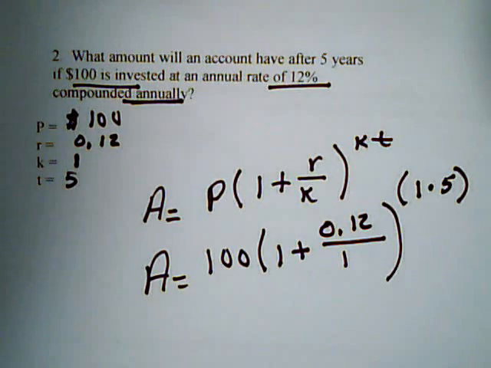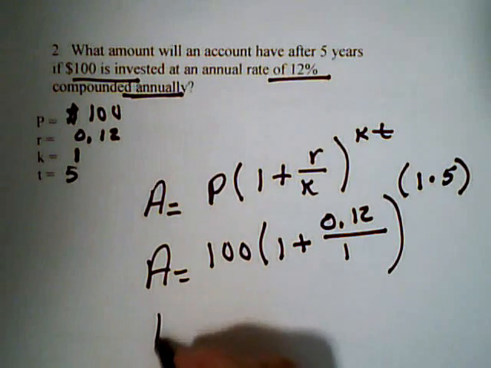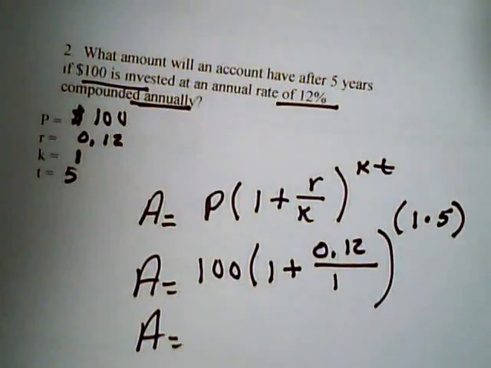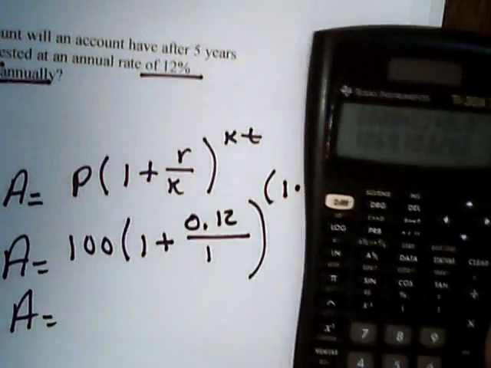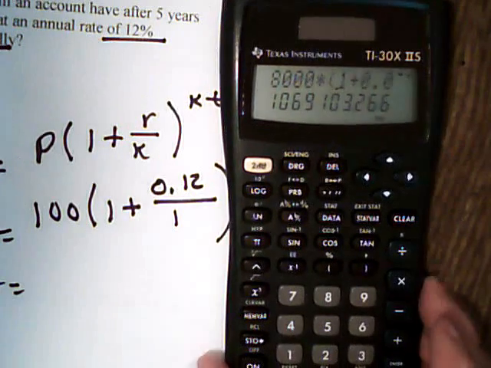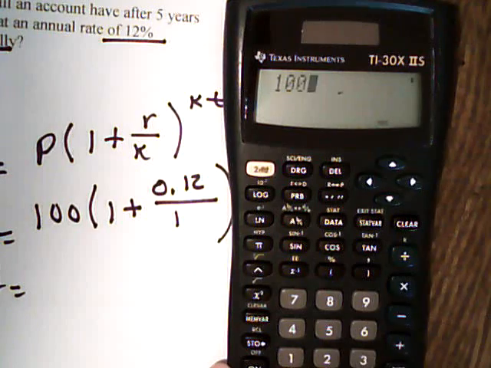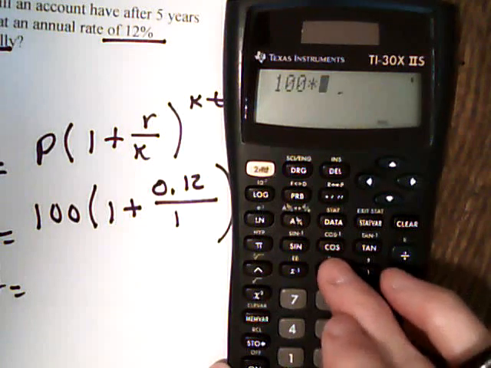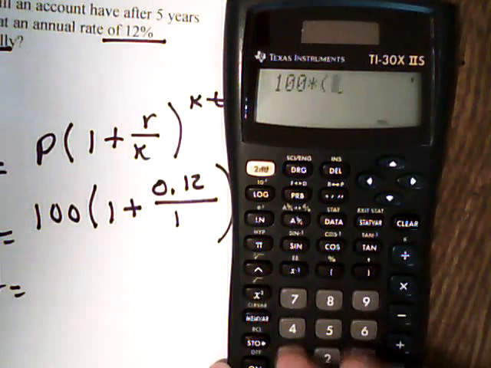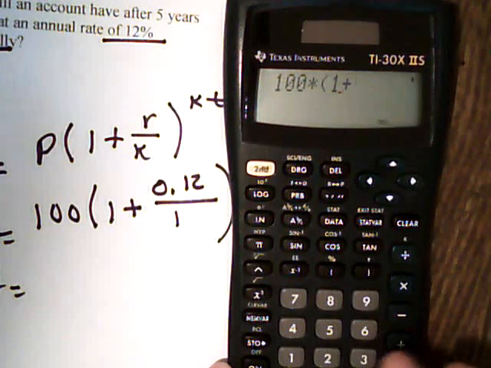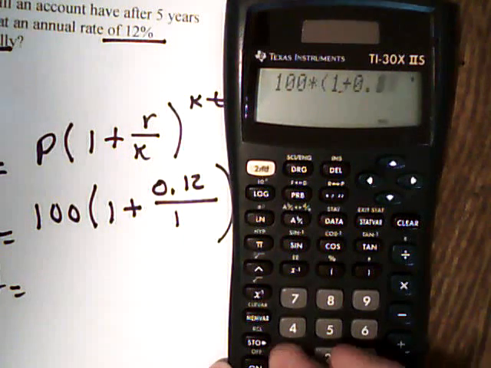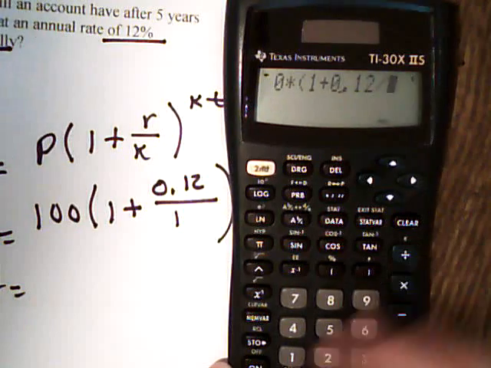Okay, now if we go to our calculator and we again practice, and this is the key to this, you practice putting all of this in your calculator. I'm going to have $100 multiplied by, open my parentheses, 1 plus 0.12 divided by 1.